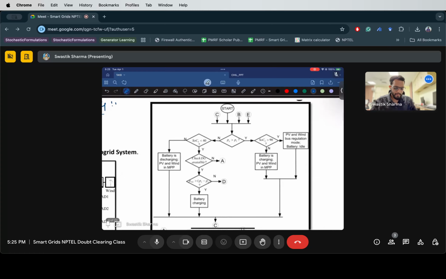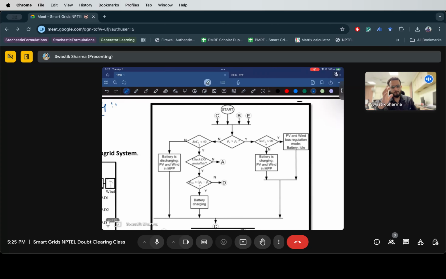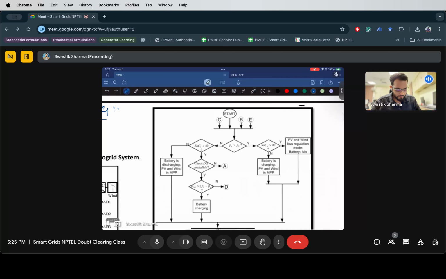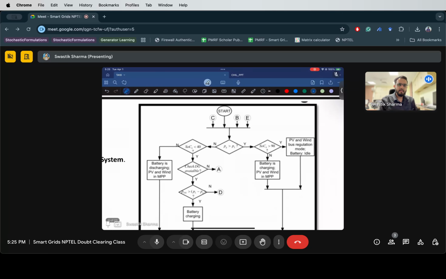But there will come a time when load shedding becomes inevitable, and we'll discuss why that happens. So let's start. When we read a flowchart, we have a starting point.